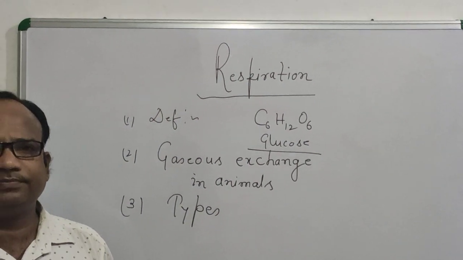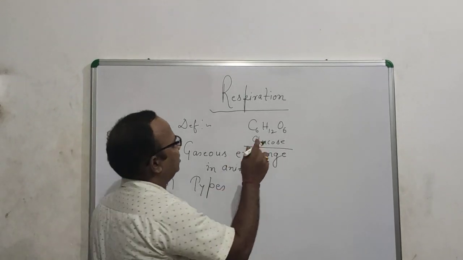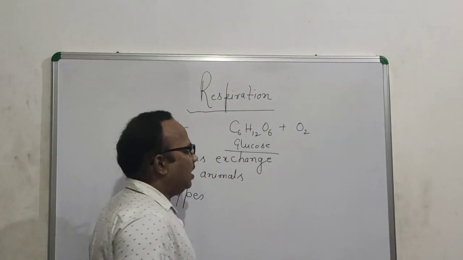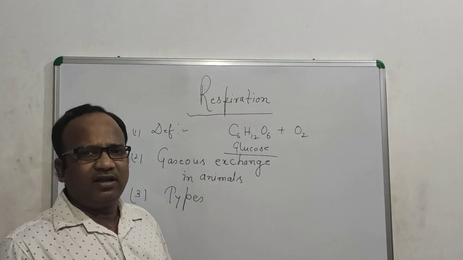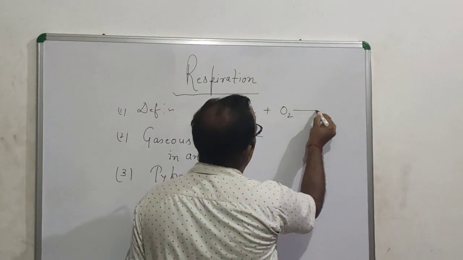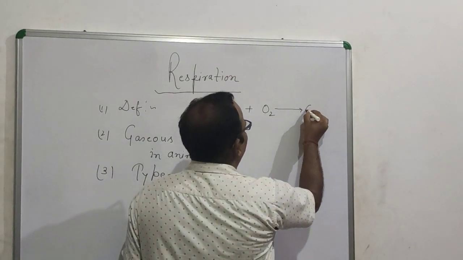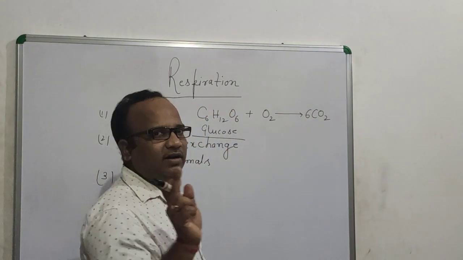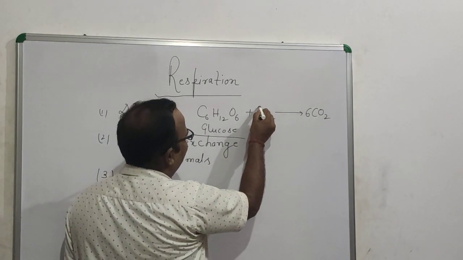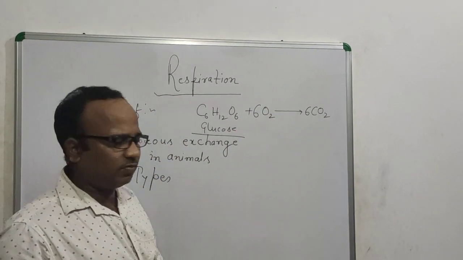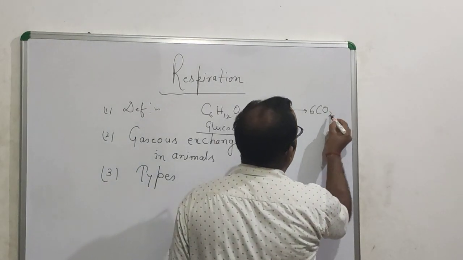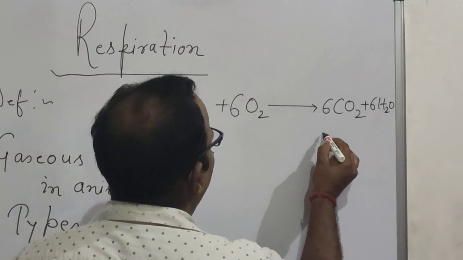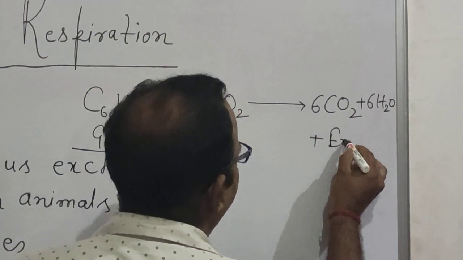This glucose, in the presence of oxygen, is converted into, or broken down into, CO2. 6 I have done here for balancing the chemical equation, and again I will do the 6 over here also. It is only for the purpose of balancing. 6 H2O and energy.